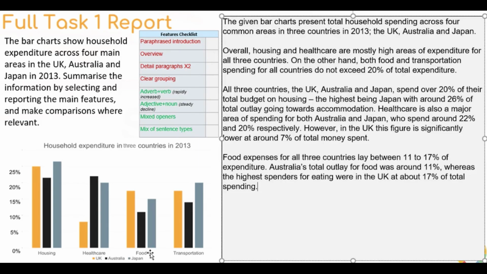Let's take a look at transportation. Is there anything that I notice comparing these two sets of data? So I have Australia and Japan spend more on transportation than they do food, whereas the UK spends the same amount. Perfect. That's something that I can quite nicely describe here.